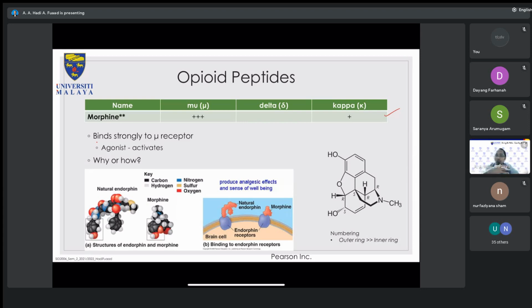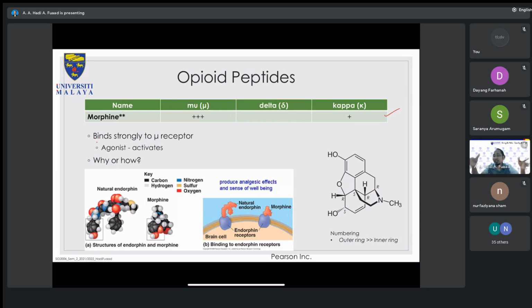So again, mu receptors, if you're talking about endorphins just now, endorphins are related to the feeling of pleasure. So I'm not sure if you have been into surgery, a major surgery, for example, normally you'll be given morphine as pain control.